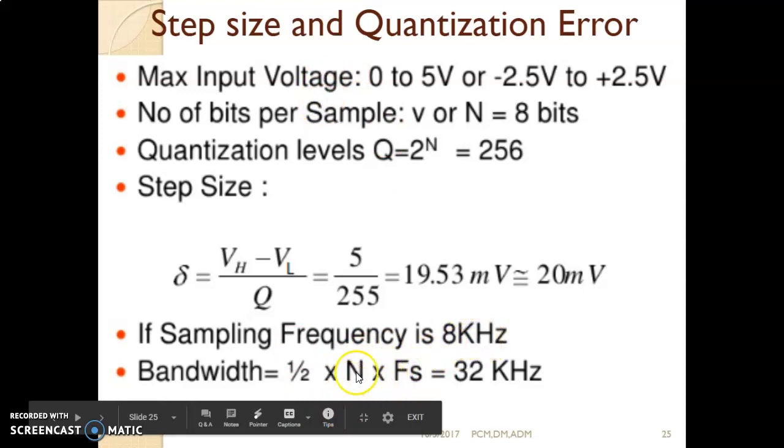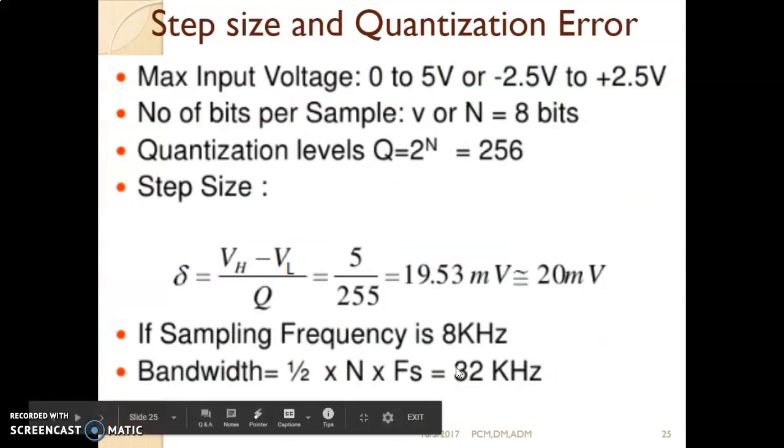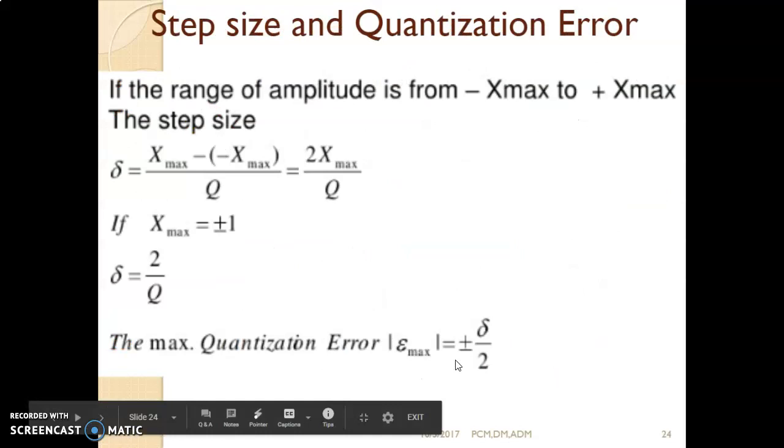So 64 divided by 2 will be equal to 32 kilohertz. So this particular signal can be transmitted with the help of 32 kilohertz, and that will be the bandwidth to transmit this signal.